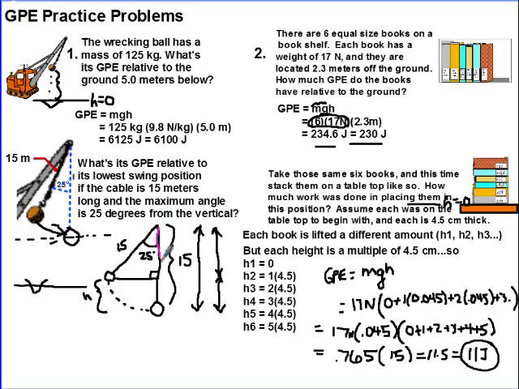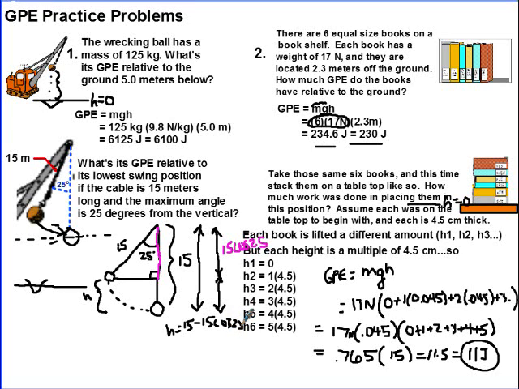This portion is actually 15 cosine 25. And again, that's just the hypotenuse multiplied by the cosine of that angle to get me that length. So H would just be equal to 15 minus 15 cosine 25.